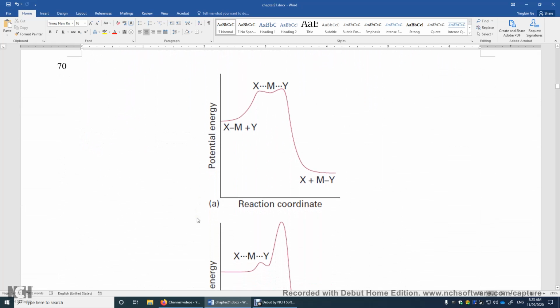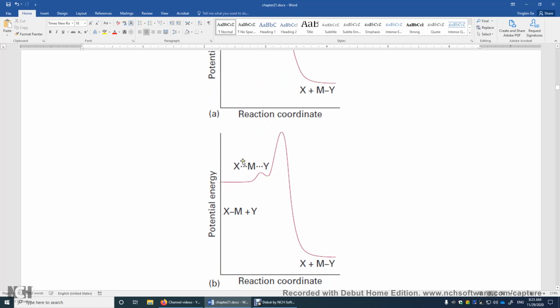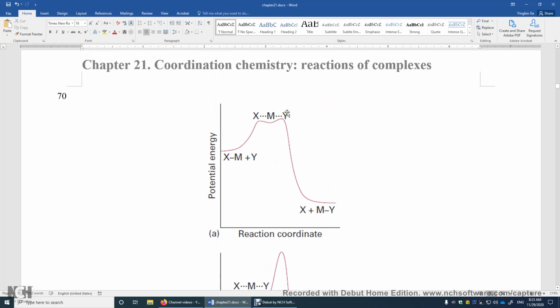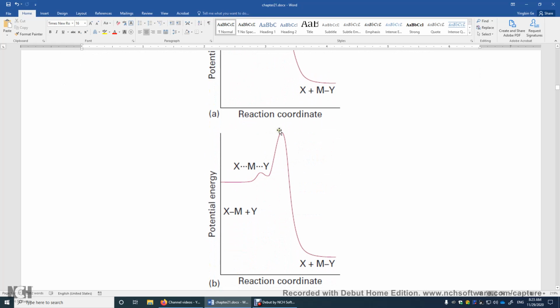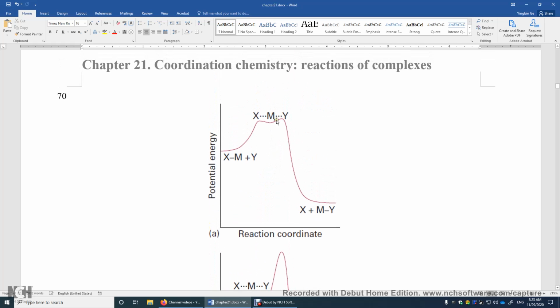Finally, interchange mechanism. You just need to look at the intermediate. In the intermediate, you have this MX bond partially broken, MY bond partially formed. Same here, MX bond partially broken, MY bond partially formed. Okay, over here, intermediate. And then you have two transition states, these two transition states trapping this intermediate in the energy well here, and also here.